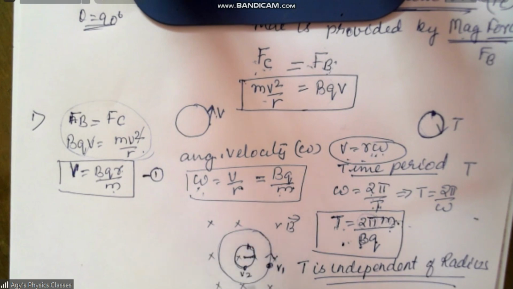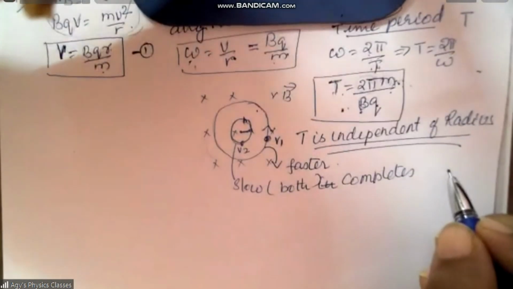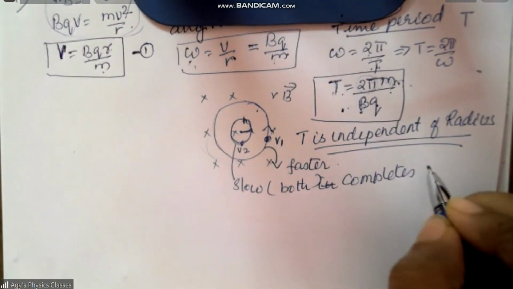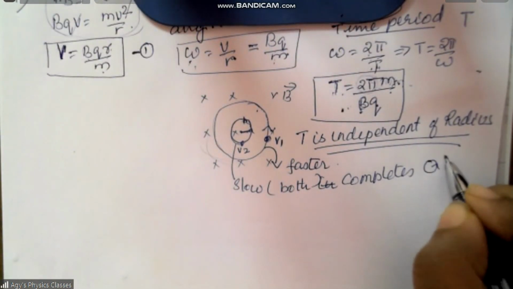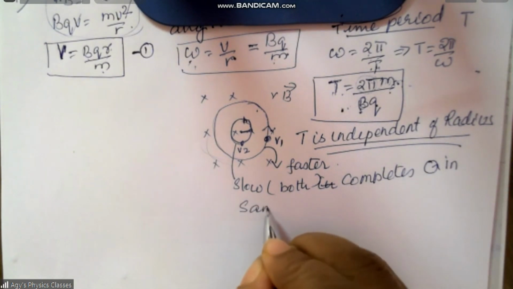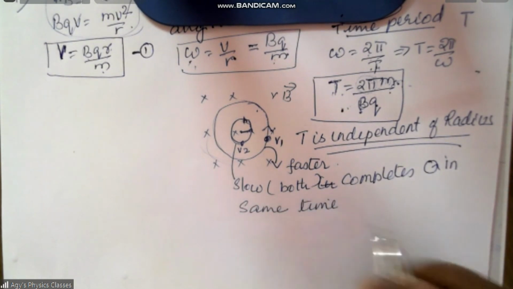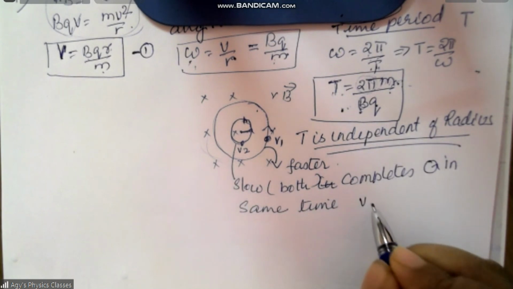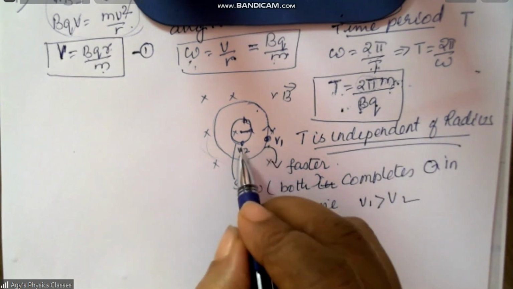Here this is traveling faster, and this is traveling slow, but both complete the circle in the same time. Velocity is different. V1 is greater than V2.